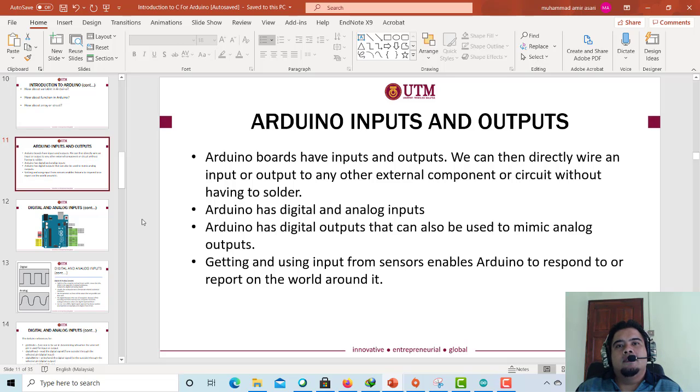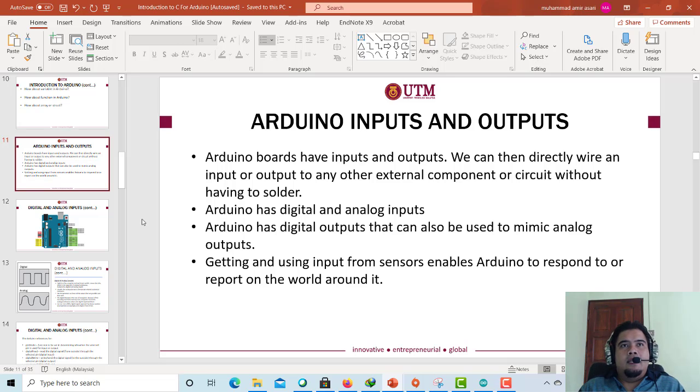So far we have learned the introduction. I gave you some introduction to Tinkercad as an Arduino simulator that you will use for your project, and I also gave some explanation about the C programming structure in Arduino, which consists of two functions: one is the setup function, another one is the loop function.